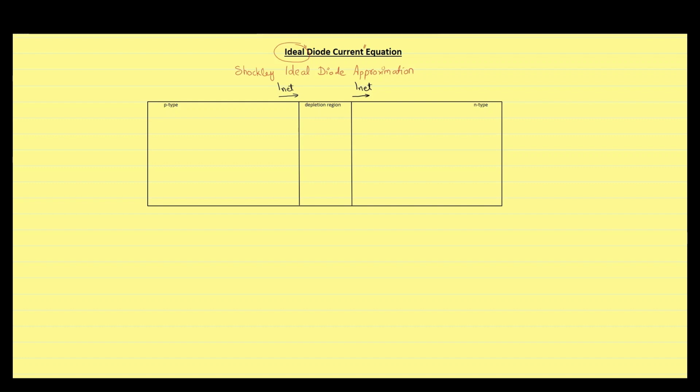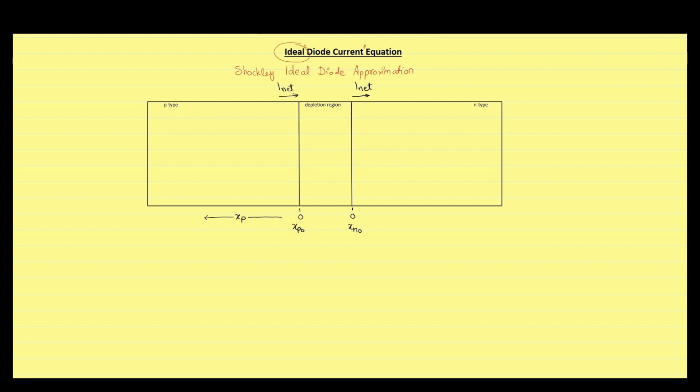And for our easier analysis, we mark this point 0 and this point also 0. Here we call it xp0 and here we call it xn0. Also, the distance xp, which is the distance from the end of the depletion region existing in the p-type, is positive if we move towards the left.